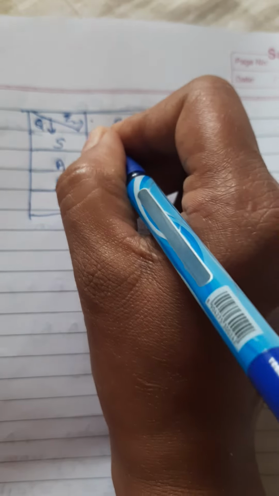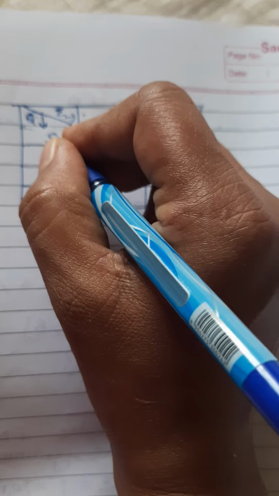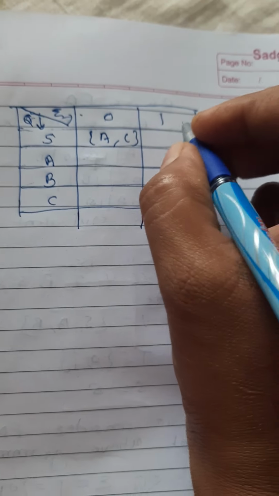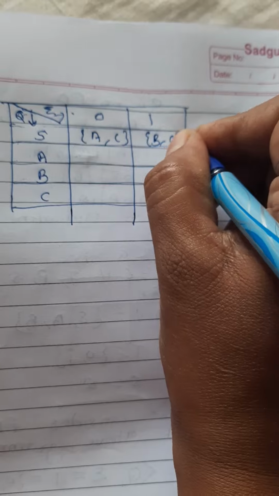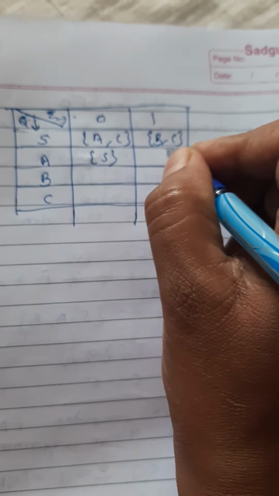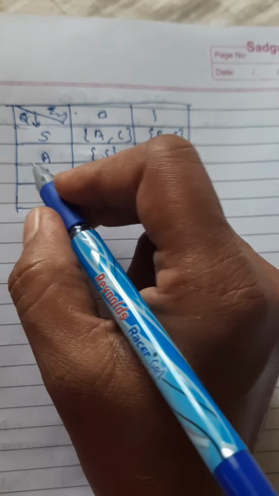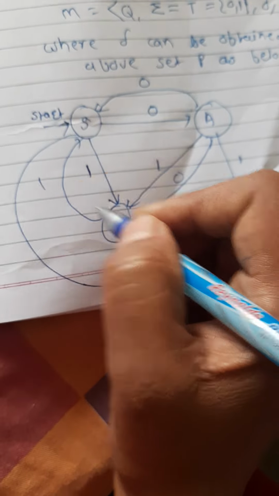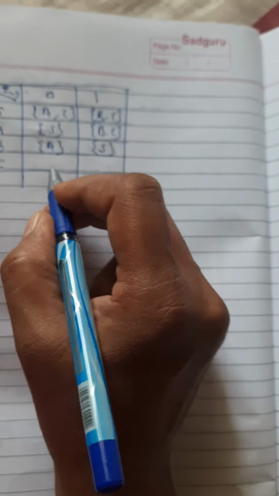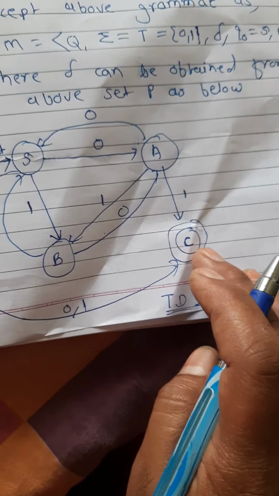There is a transition to states A and C from state S over the symbol 0. Similarly B, C on 1. Then for B on 0, the next state given in the diagram is A. Then B on 1, the next state is S. From C there is no outgoing transition, so it will be phi.